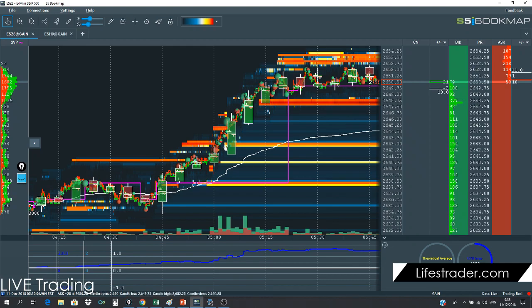We got that rally and then consolidation, and if you look at the distribution of the overnight, we see quite a clean P-shape.